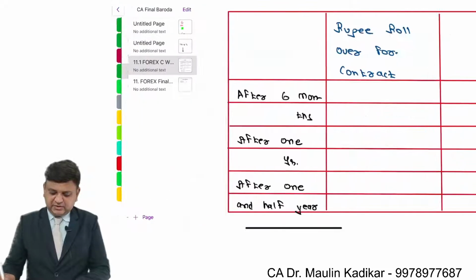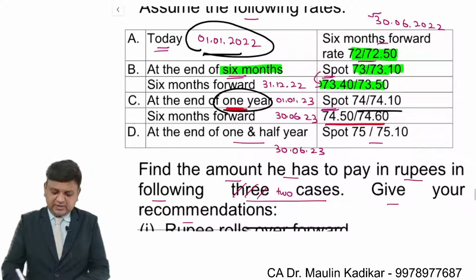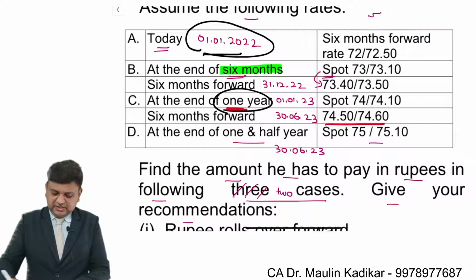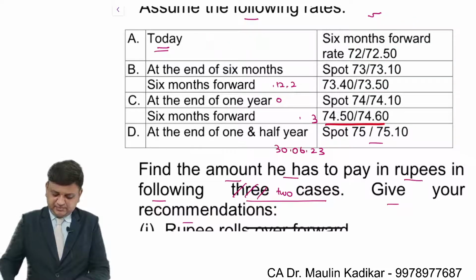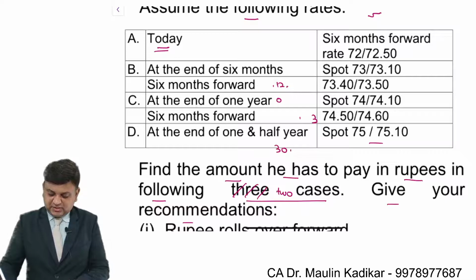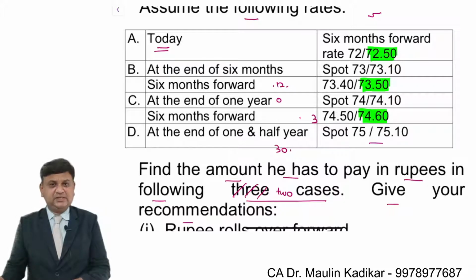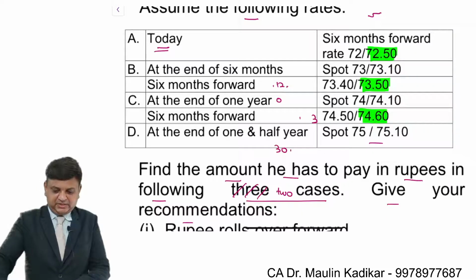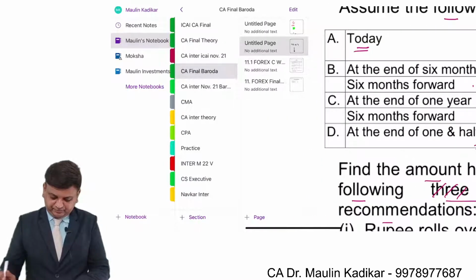If at all the 3 separate forward contracts are entered upon, then in that case the answer is very simple. One is the forward contract entered upon today for 6 months hence, that is 72.5, then 73.5, and then 74.6. Simple. 72.5, 73.5, and 74.6.